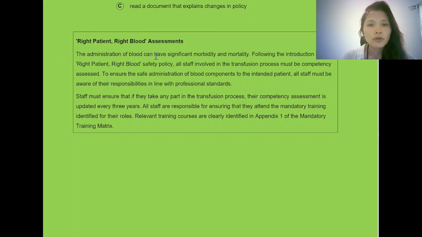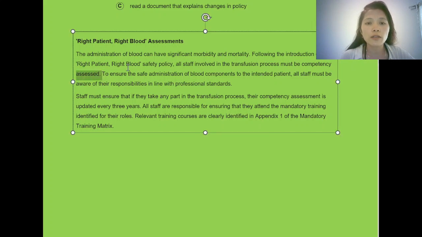So administration of the blood can have a significant morbidity and mortality. Procedure of the blood transfusion has the maximum morbidity and mortality. Following introduction of right patient, right blood safety, competency may be assessed. All staff involved in the transfusion process must be competency assessed, should be checked, right?